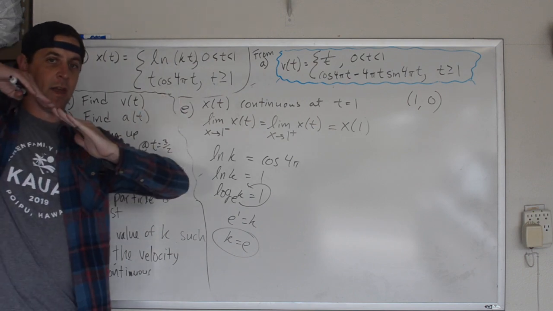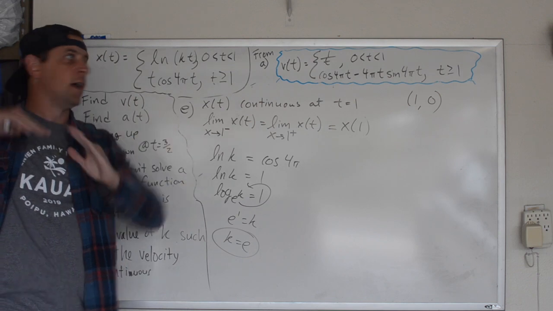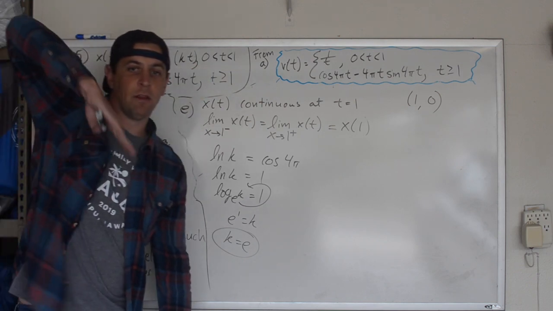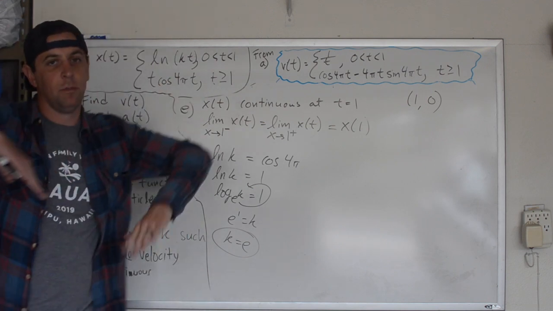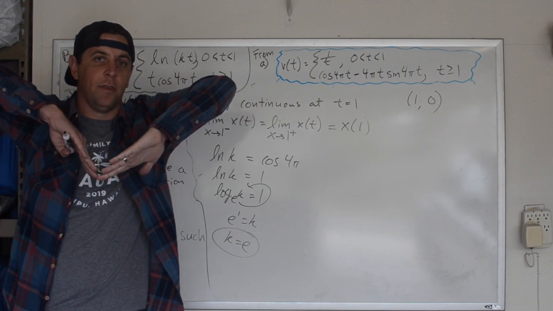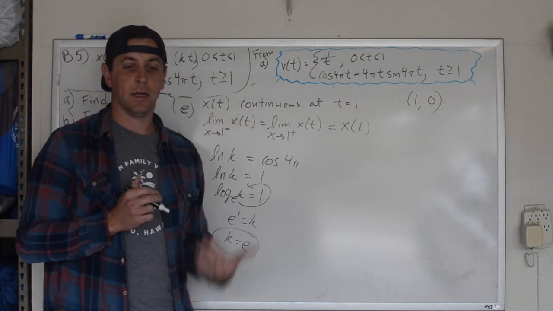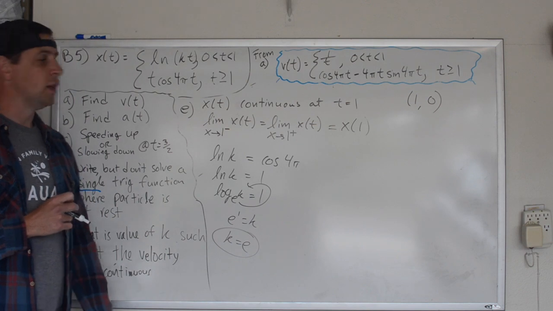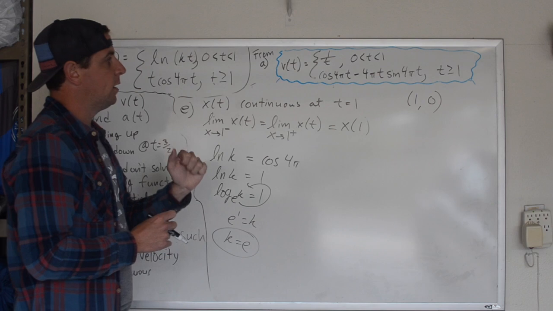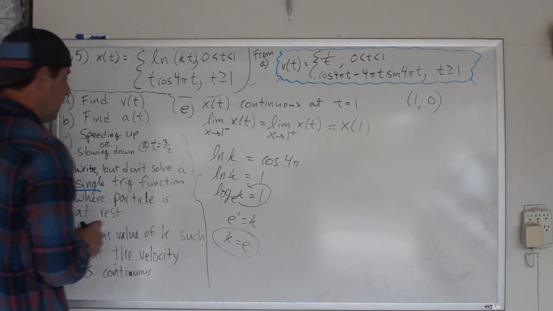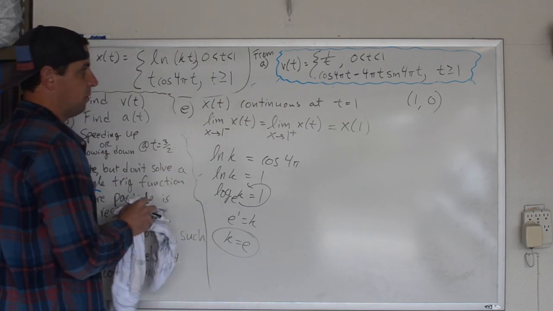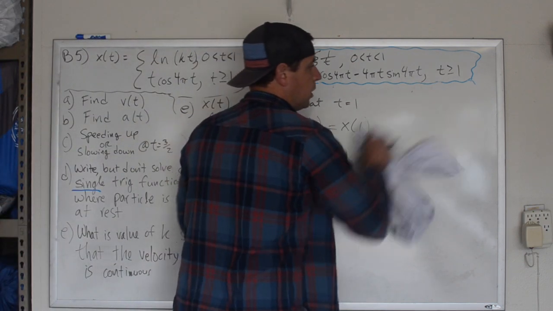If it's not a smooth curve, then, for example, if my slope here, let's say when I put in 1, became negative 1, and my slope here when I put in 1 became positive 1, my function would make a sharp corner, and this function would not be differentiable. So we need to check the slopes of each of these. Luckily, we already have the derivative, so we're going to write it this way. I'm going to erase this part, and I'm sad about it. But you guys can always go back.